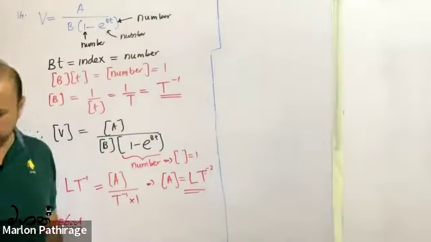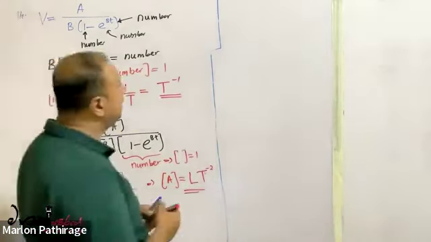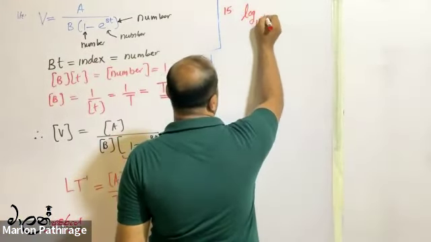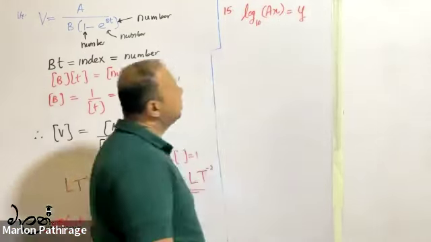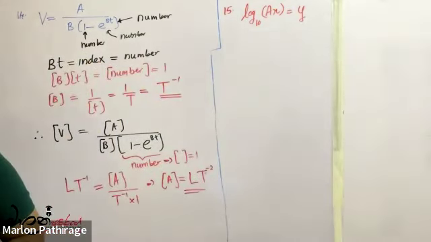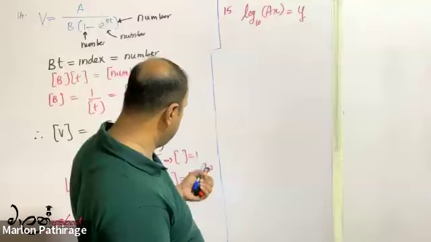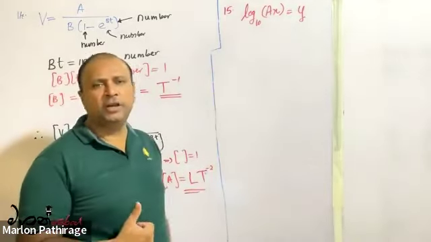Then, question number 15. Log base 10, Ax equal 1. You need to determine the dimension of A. X means displacement. Now we can use the logarithm argument.